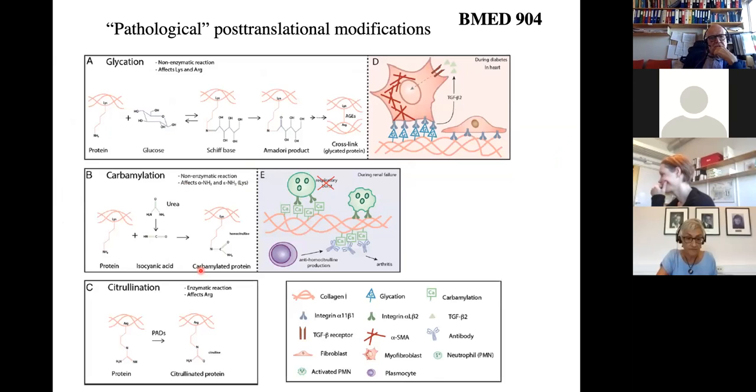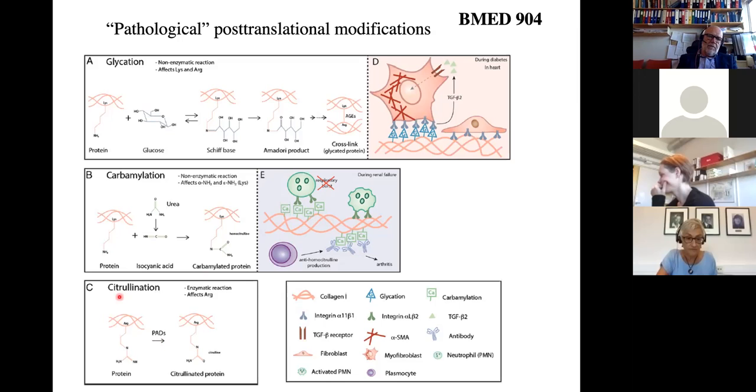We will not mention so much of this, but in different pathological conditions, you also have modifications of the collagen. Specific amino acids can be modified, and this changes the properties of the protein also when it comes to interaction with cells.